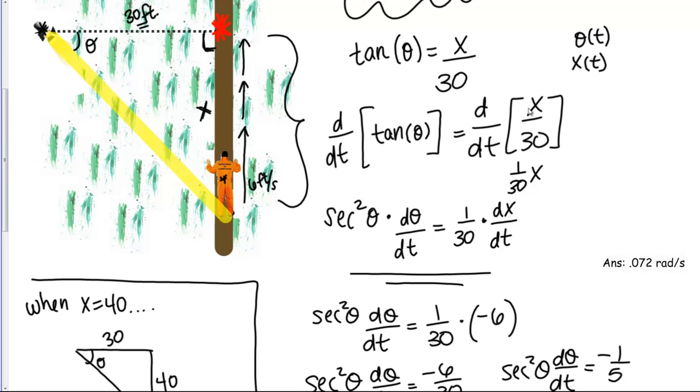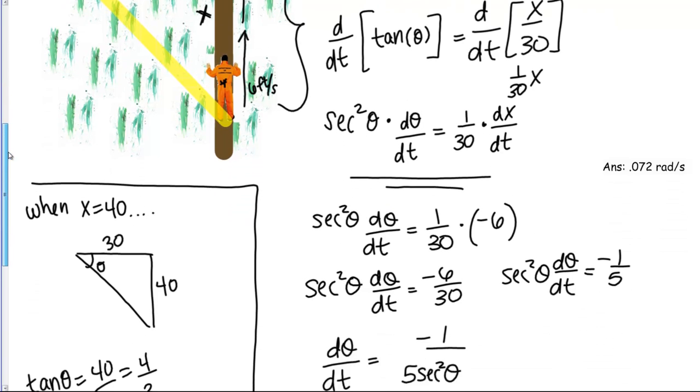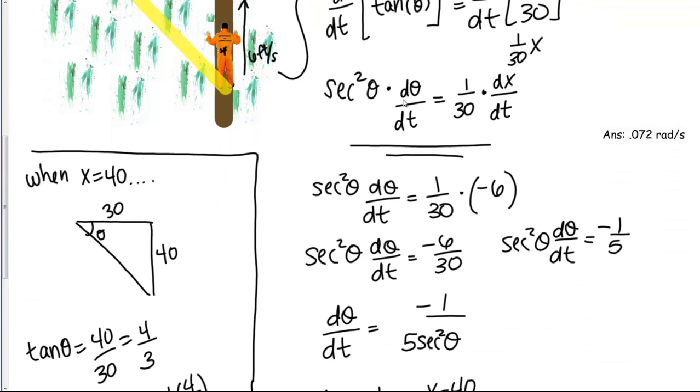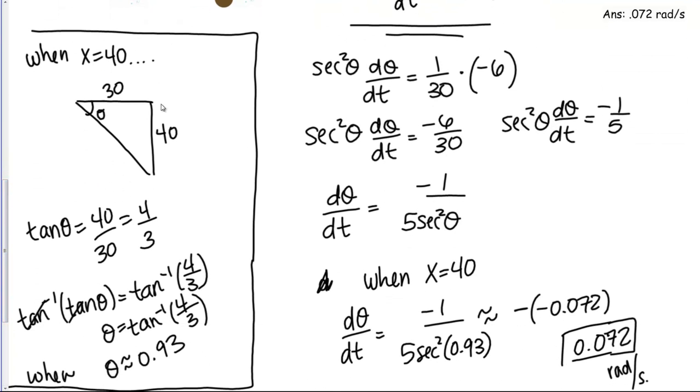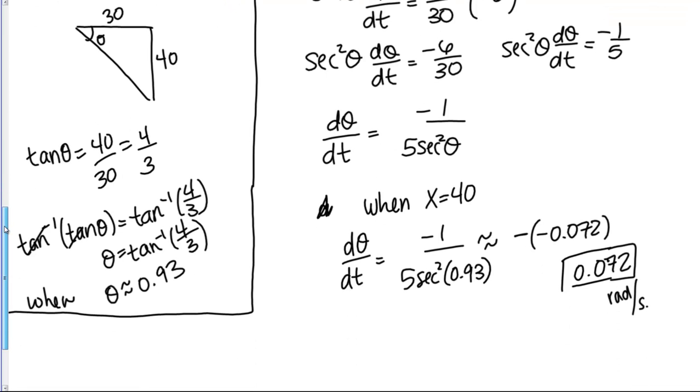We took the derivative of that relationship. Okay, we got the secant squared and all these different pieces. And then we plugged in the rate of change that we knew. We plugged in dx dt. And then we used our piece of information when x equals 40 to figure out what theta was at that point. And then we plugged that all in and got the rate of change at that particular moment in time.